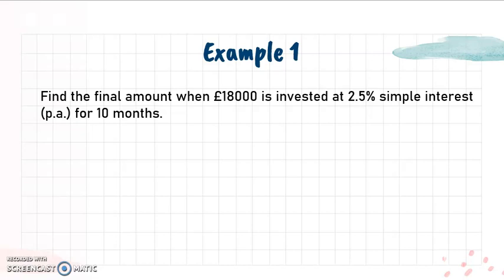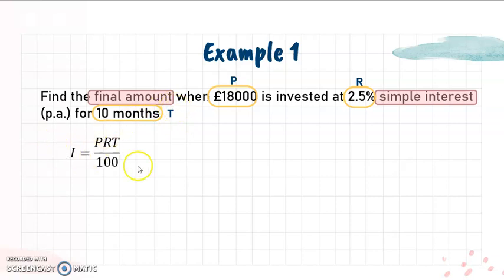Alright, okay, so now let's proceed to example 1. Find the final amount when £18,000 is invested at 2.5% simple interest for 10 months. So first you have to highlight any key information given. In this case, the principal is £18,000, the rate is 2.5%, and the time is 10 months. Remember, the time should be in years.